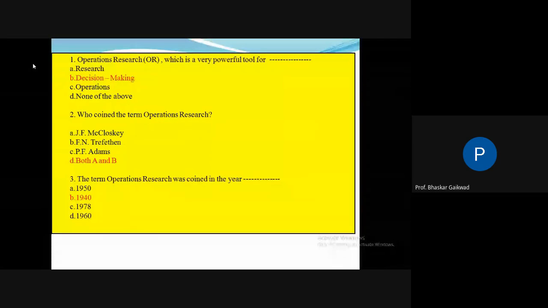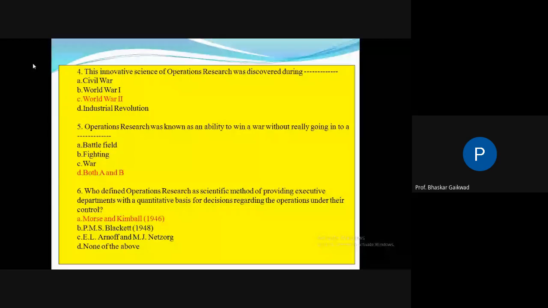The origin of operation research happened in the period of World War II, so you can remember 1942. Then fourth, this innovative science of operation research was discussed during World War II. So 1940 or World War II, you have to remember.